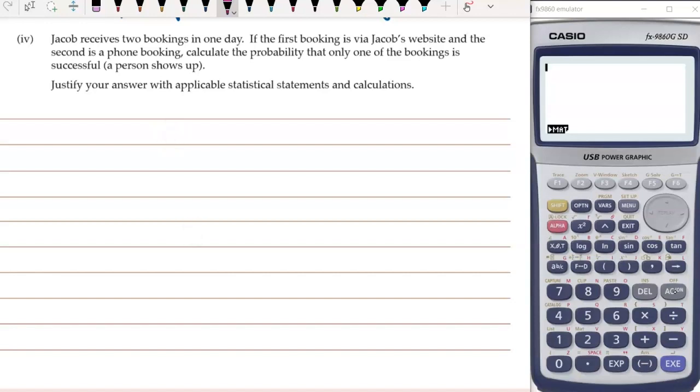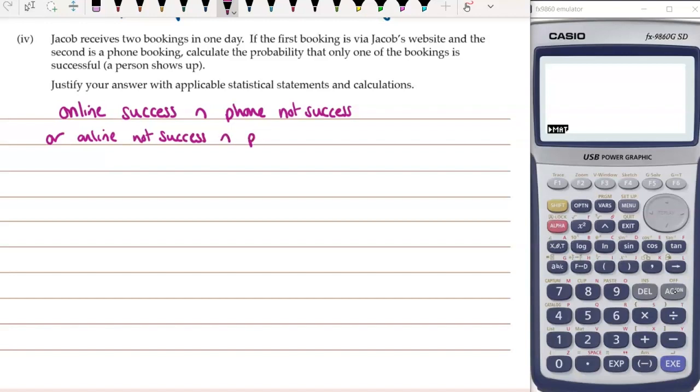So that could be we have the online booking is successful and the phone booking not successful, or online not successful and the phone is successful. Just writing these in shorthand at the moment.